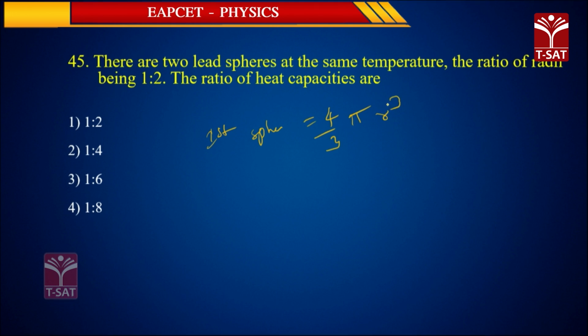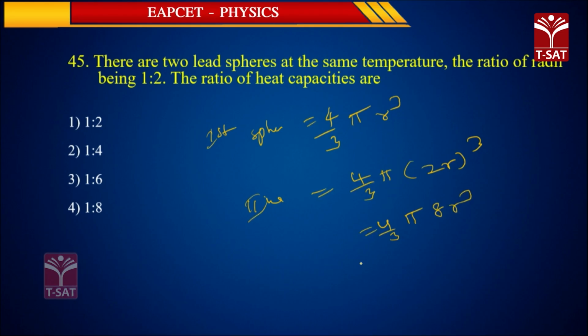And the volume of the second sphere is 4/3 pi, the radius is double, that is 2r cube. 2r cube means 4/3 pi 8r cube, children.